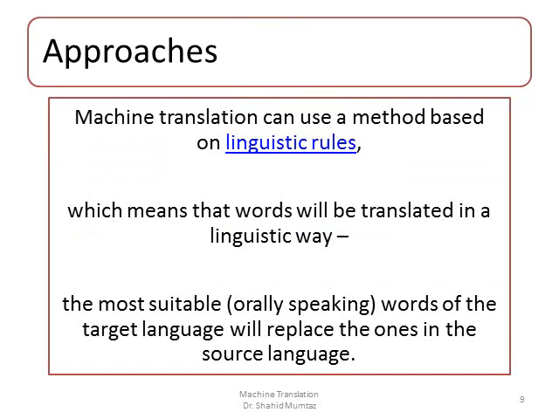Different approaches are used in machine translation, which we will see here. Machine translation can use a method based on linguistic rules. That means that words will be translated in a linguistic way, so that the most suitable words of the target language will replace the ones in the source language, the suitable words according to the spoken practices of that language.